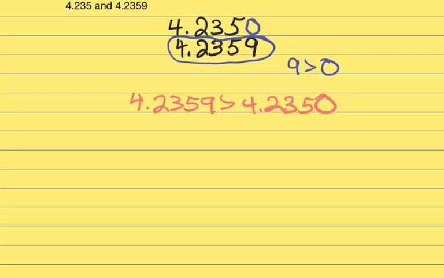Okay, and remember too that if you find a difference in any of the digits before you get to the last one, then you don't have to keep on going.